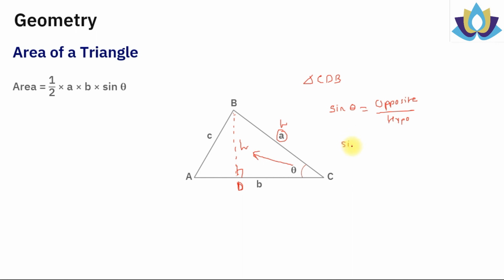So sine theta can be written as h upon a, since for theta the opposite side is h and the hypotenuse is a in this case. So you get height is equal to a sine theta. It's actually a simplification using a bit of trigonometry. Originally the formula should have been half into base b into a sine theta, that's your height. There are two more formats available, but this is a derivation of the logic behind this. Let's come to the next one then.